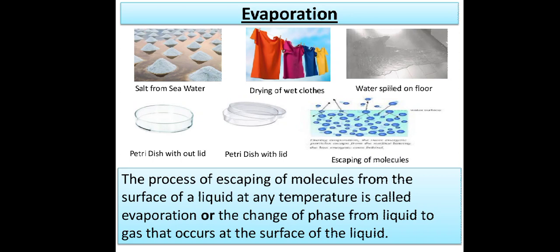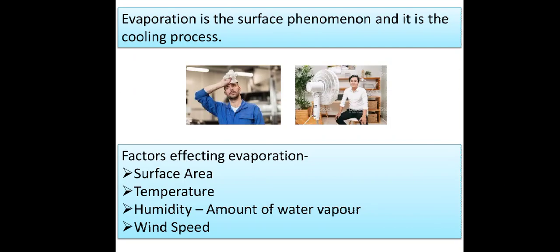So, we have to remember that evaporation occurs below its boiling point. Evaporation is nothing but vaporization from the surface of a liquid below its boiling point. Evaporation is a surface phenomenon, and it is a cooling process.